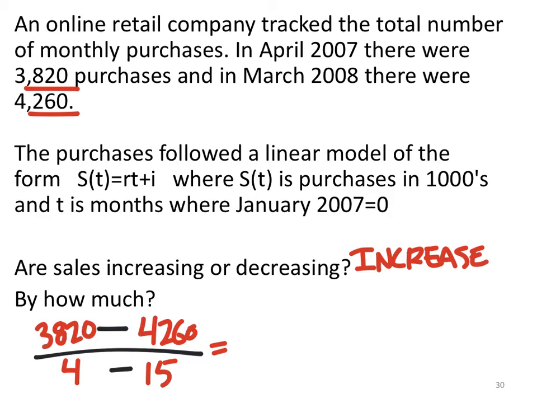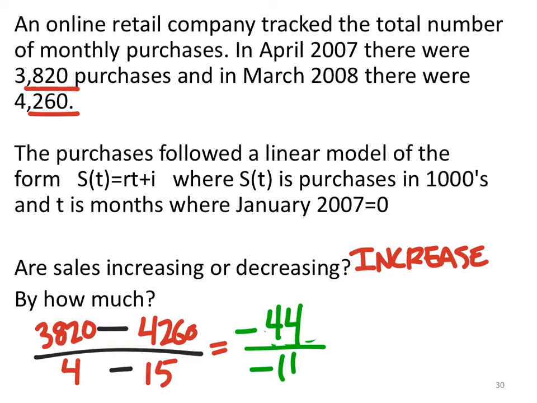So let's pull up the calculator again. 3,820 minus 4,260. Mine shows negative, but the denominator is going to be negative as well, so that's not a problem. It's going to be a lot easier to work with once you type it in correctly, like hopefully you guys did.